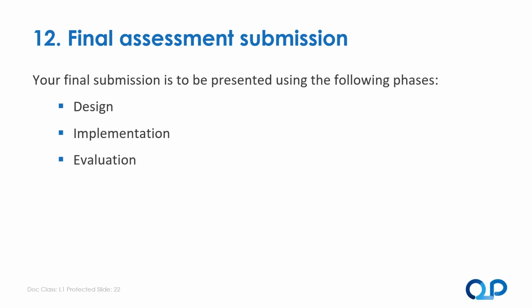We've already looked at this framework and the fact that your submission is in 3 phases. You might want to use the mark scheme to support you with your overview and your planning and your project write-up.